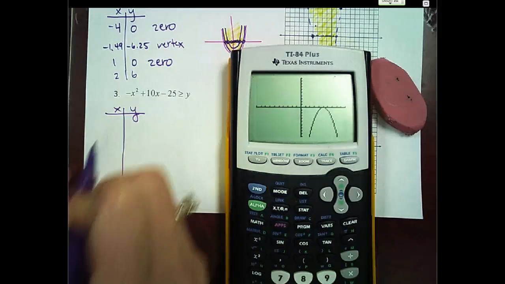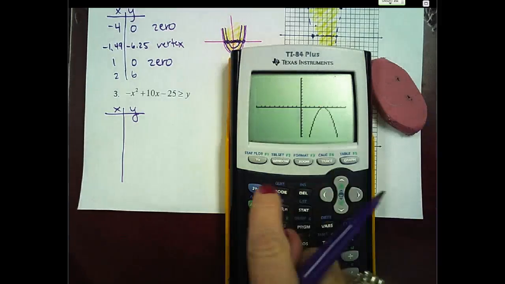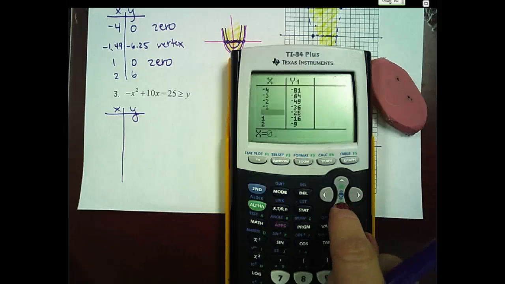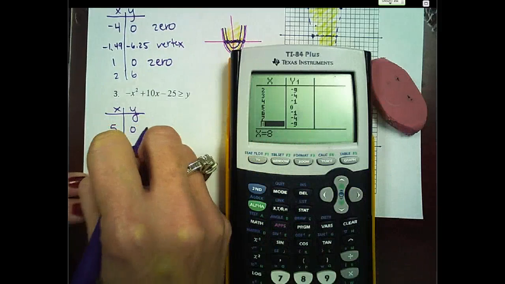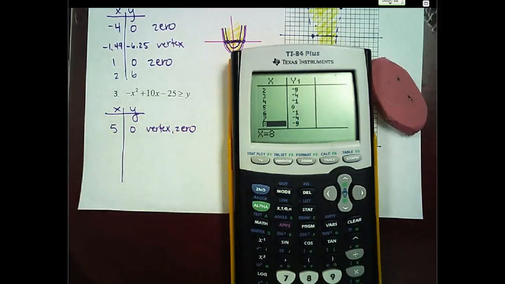How many zeros does this have, guys, this time? There's only one, right? Just this one right here. So go to the table and let's see, it looks like it's about 5. Yep, there it is, 5, 0. Your 5, 0 is your vertex and it's your zero. It's the same thing, so I'm going to label it as both, because it's both of them.